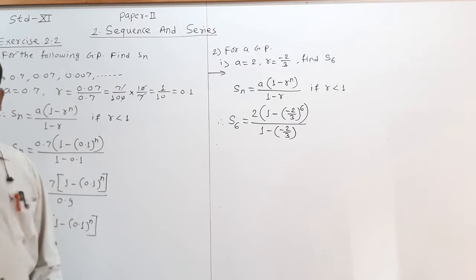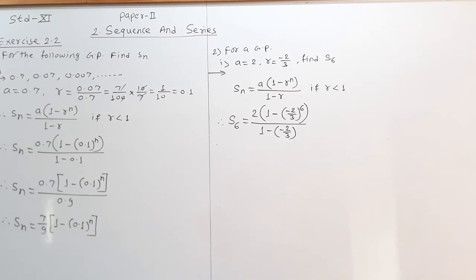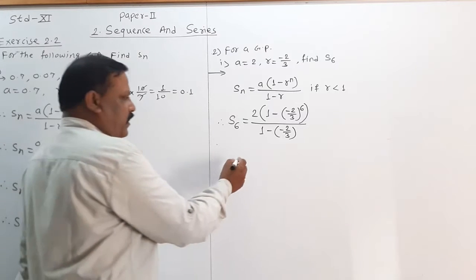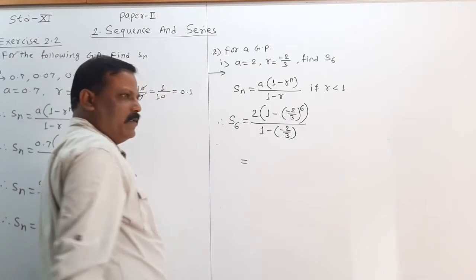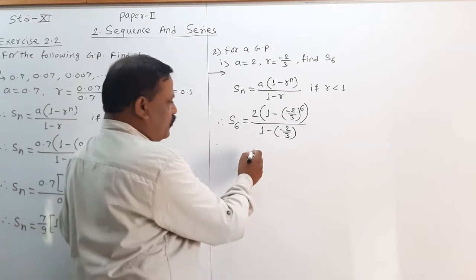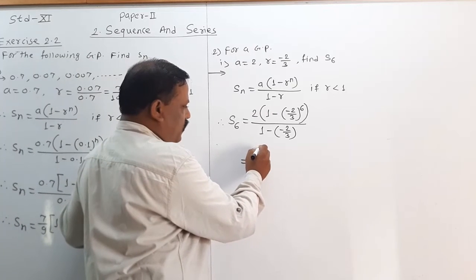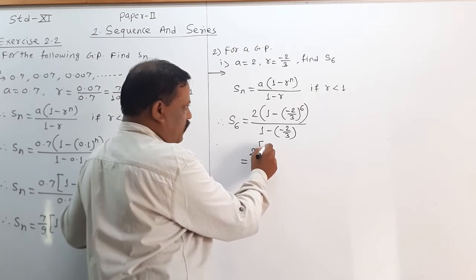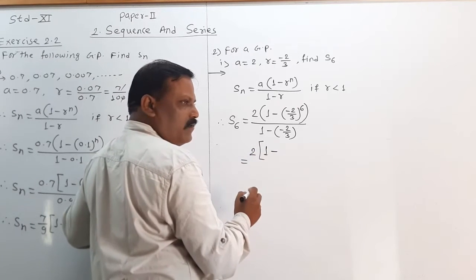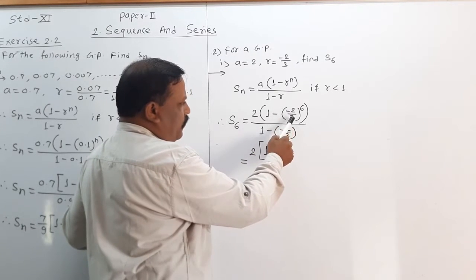That is equal to 2 into the bracket 1 minus minus 2 upon 3.